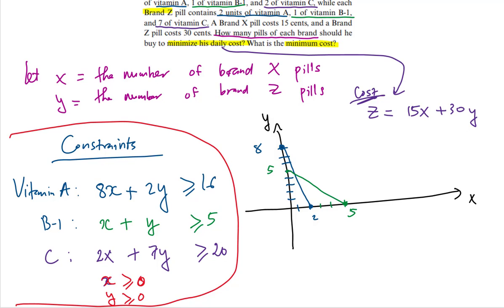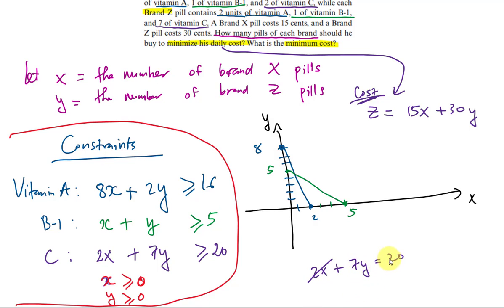Then my last one right here, how can I graph this one? Well, first thing is I'm just replacing the inequality sign by equal, and then I'm finding the x and y intercepts. When I'm looking for my y-intercept, I let x be 0, right? So that's gone.